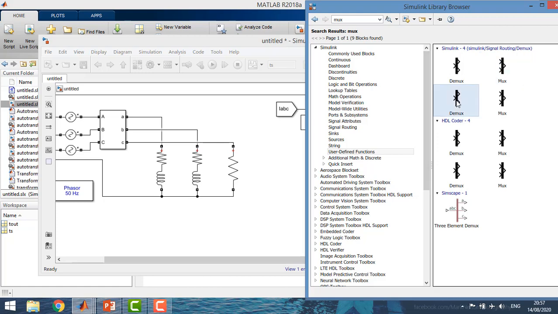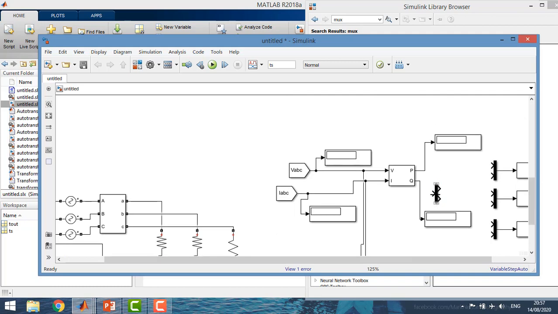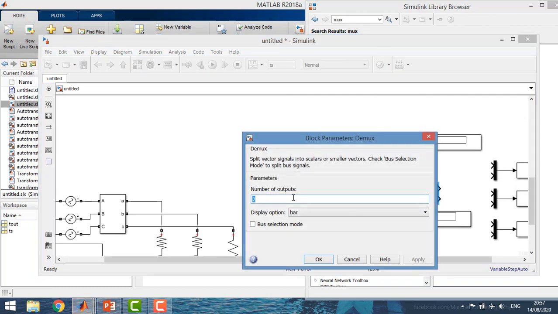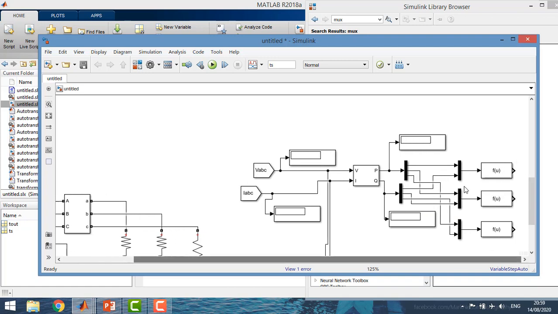We do need a demixer with 3 outputs, 1 for each phase. So for phase A, phase B, and phase C. Just like that.